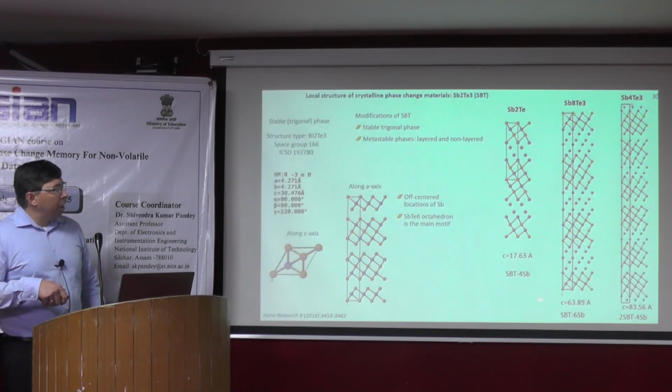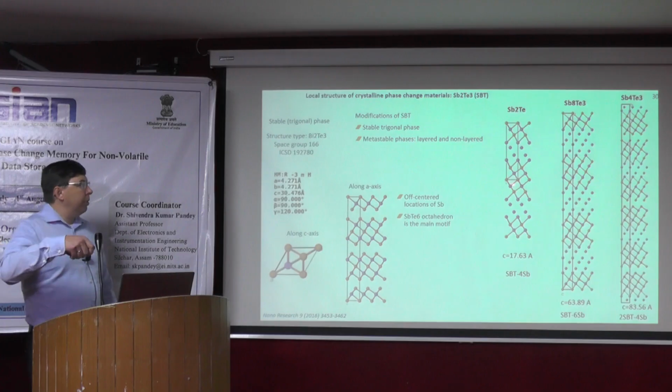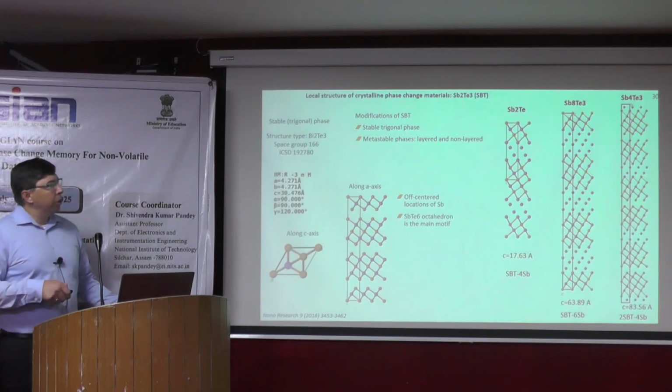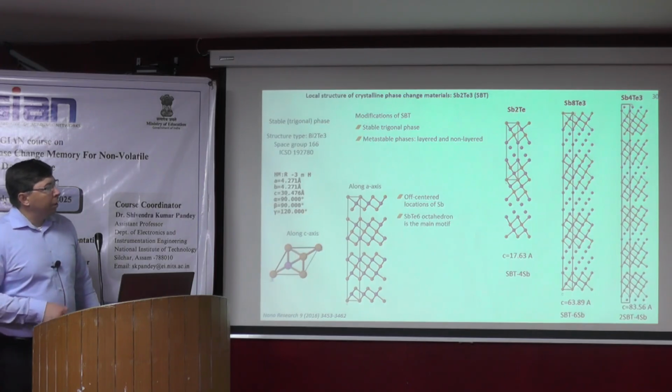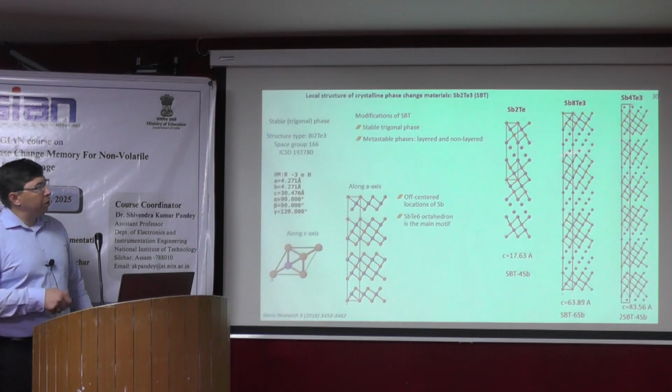Because if you look along a direction, you can see the formation of building units like SBT and the formation of antimony. This is pure antimony here, in this phase and in this phase. So intrinsically it forms domains of SBT and antimony. Here it is also the same, the difference is only in the layers per unit.